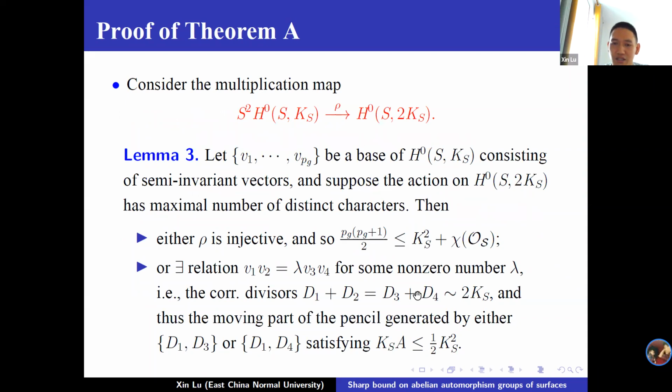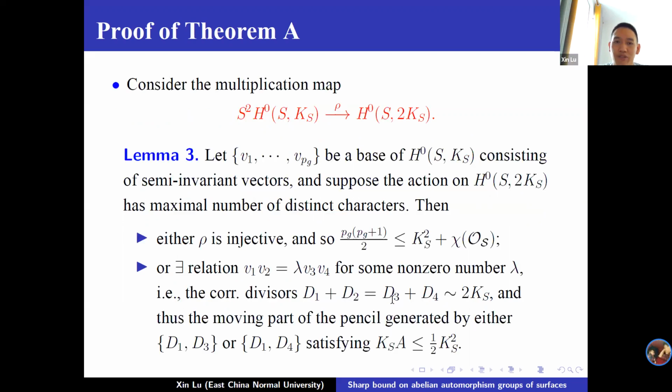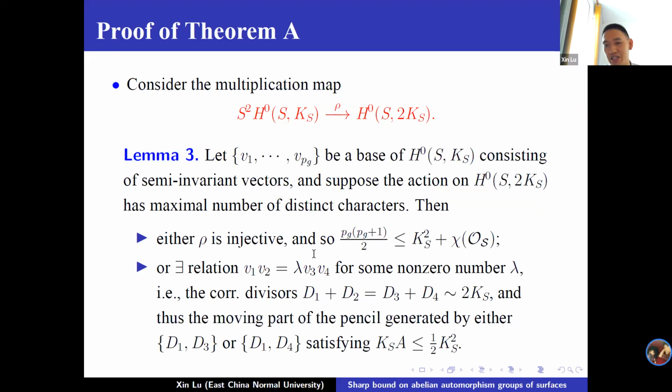Or this rho theta is not injective, and we will get a genus 1 pencil satisfying the requirement in Lemma 1. Then we will prove Theorem A.